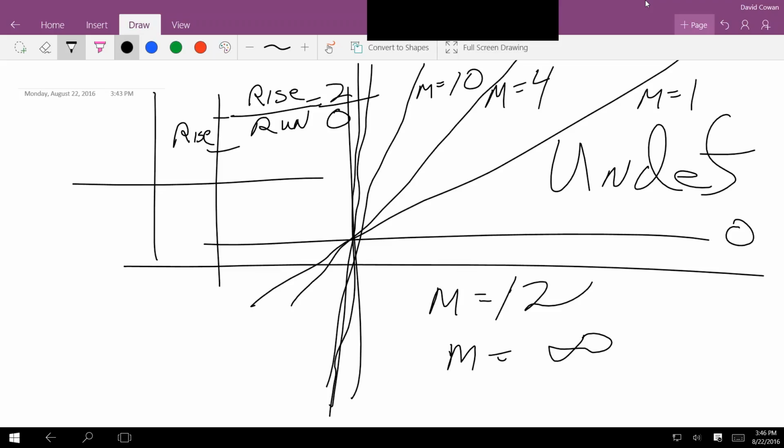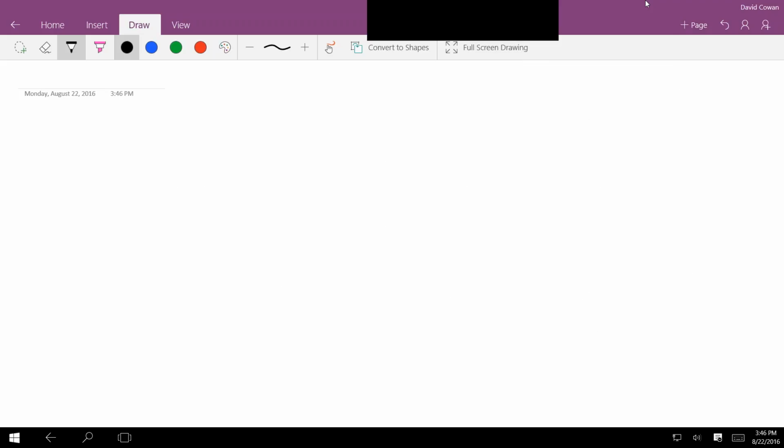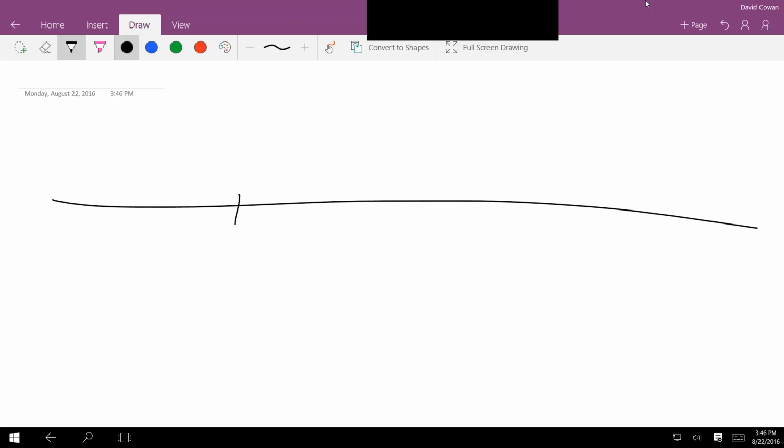And notice the difference between infinity and 0. Here's 0. Well, way out there is infinity. There's as much distance between 0 and infinity as there is between any two numbers. So there is a huge difference between 0 and infinity.